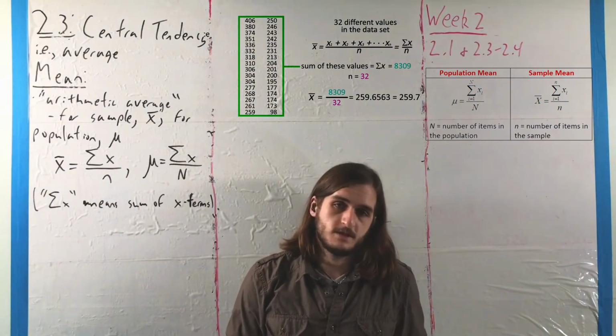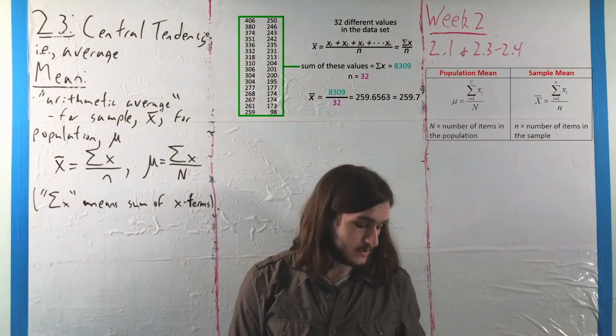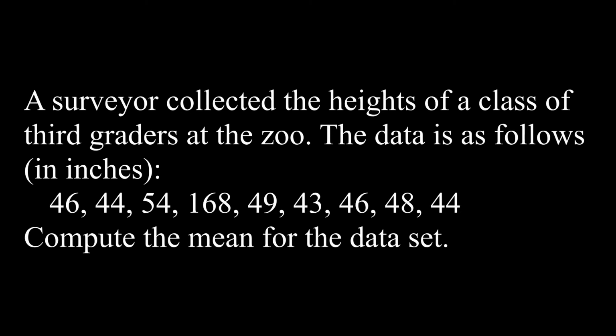Let's look at a quick example. A surveyor collected the heights of a third grade class at the zoo. Surveying is a hard job, to be opportunistic. The data is as follows in inches: 46, 44, 54, 168, 49, 43, 46, 48, and 44 inches.